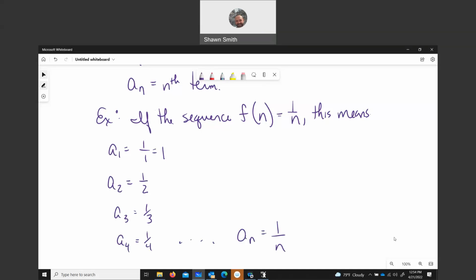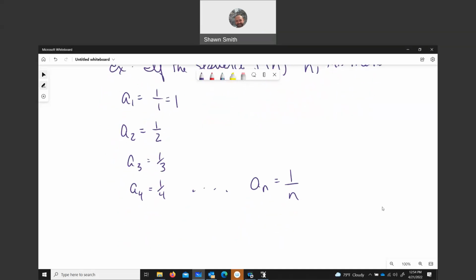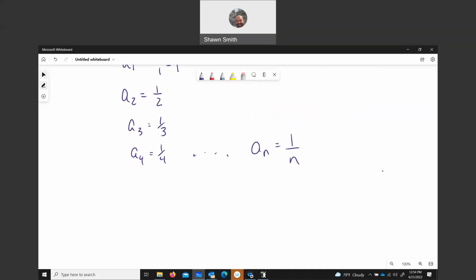All right, so if I want to determine a formula that defines A sub n, defining the nth term can be written like this.